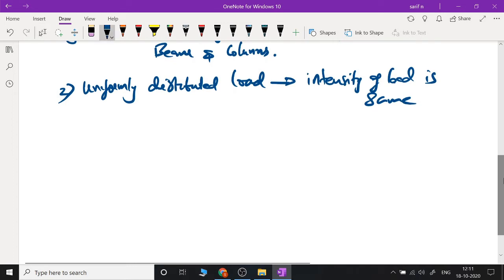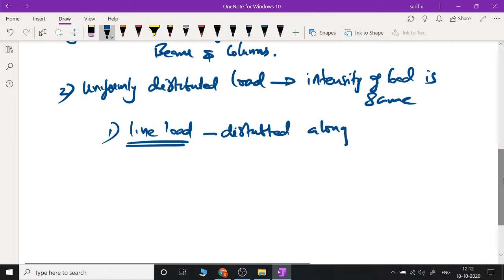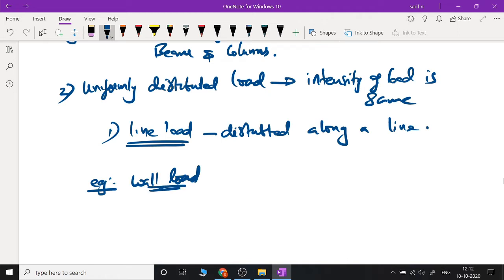There are two types of uniformly distributed load. The first one is a line load. That means the load is distributed along a line. An example is wall load.